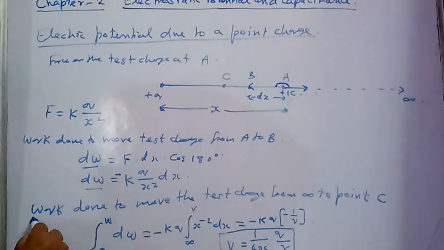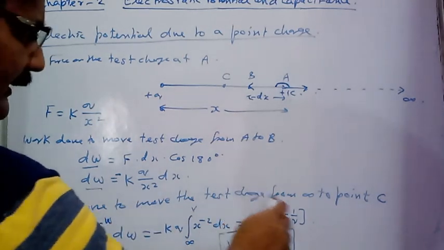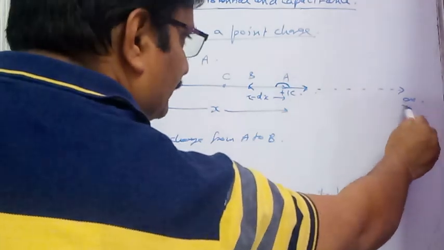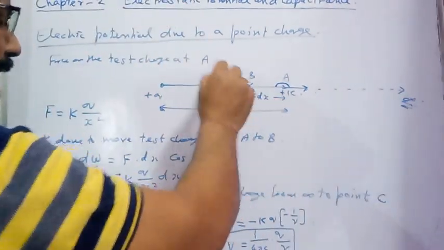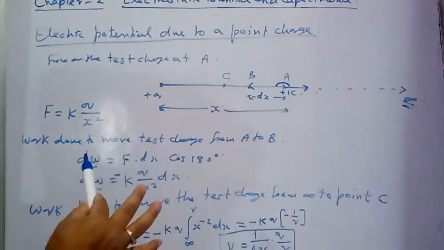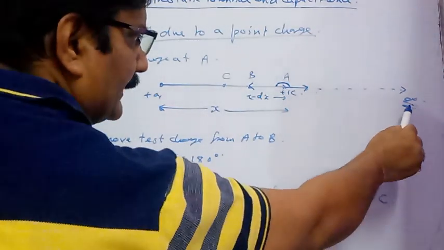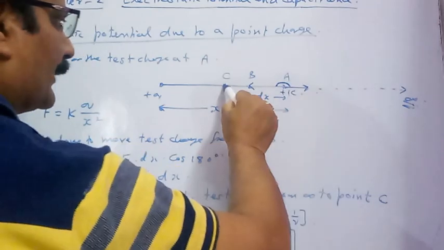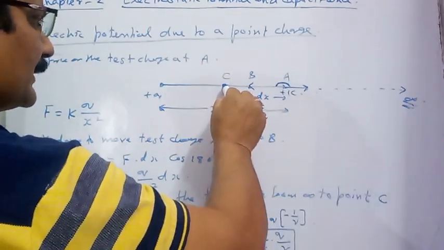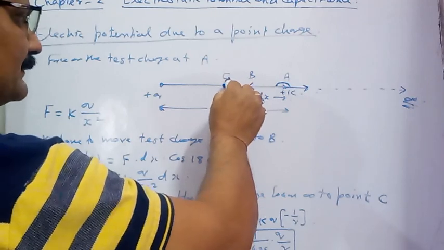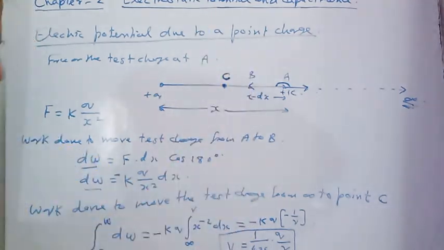Now what can be the work done to move the test charge from infinity? As we have defined potential at any point of the electric field to be the amount of work done to move test charge from infinity to that point. It means we need to find electrostatic potential at point C of the electric field.